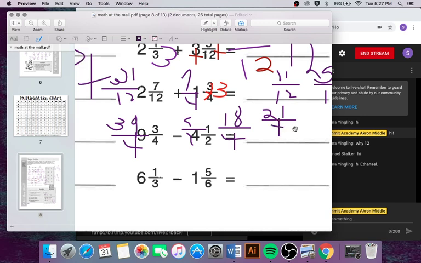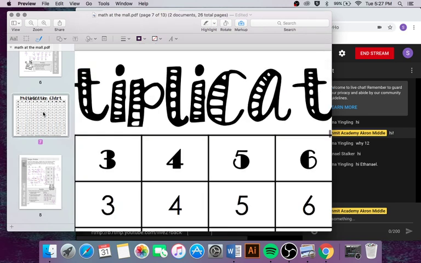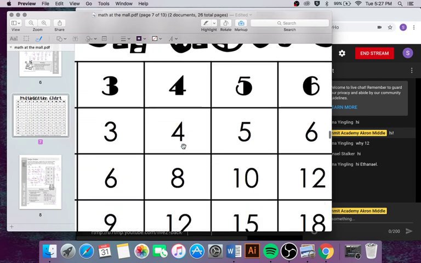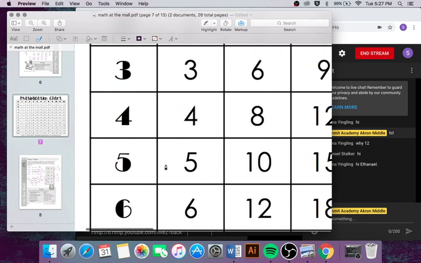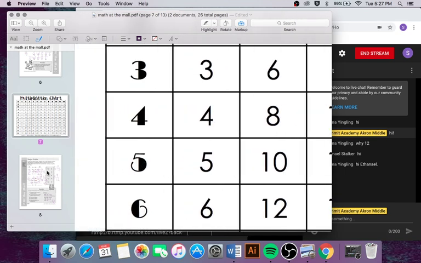Okay, now we need to convert it back into a mixed number. So we have to figure out how many times 4 goes into 21 without going over. So if we look at our 4 times table, the closest to 21 we can get without going over is 20. And 4 times 5 is 20.